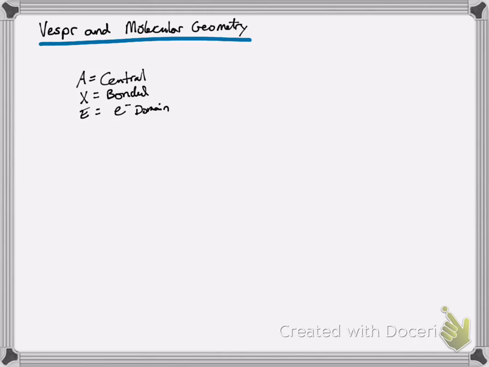So again, similar words, different usage. So for a linear, A bonds to 2 X's, and this is what we consider a linear geometry. Same words, 2 different contexts.